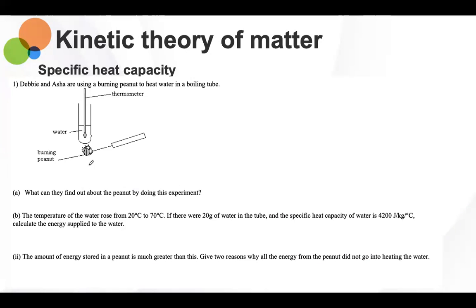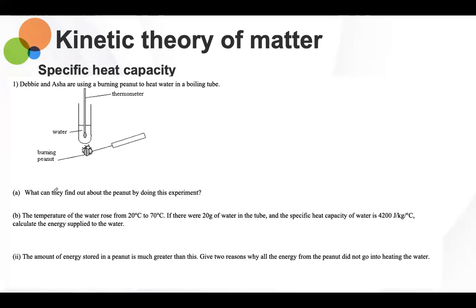The way that we can find the energy of this peanut is to put it close to a body of water, because we can easily find the temperature of water. We don't want to break the thermometer because of the heat applied.